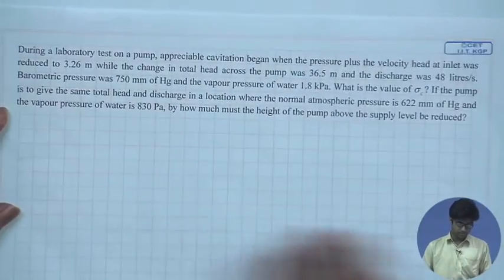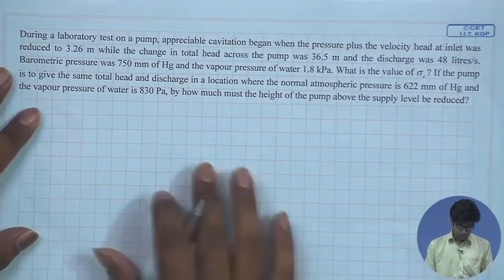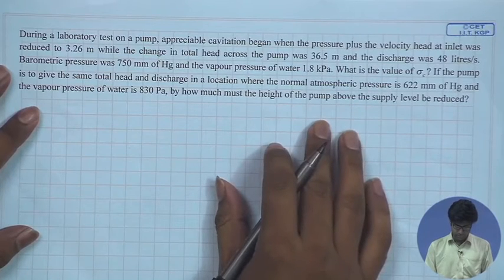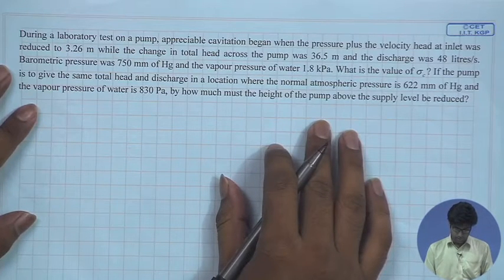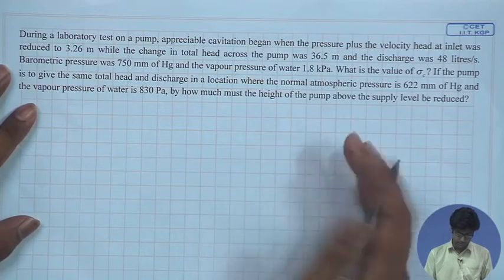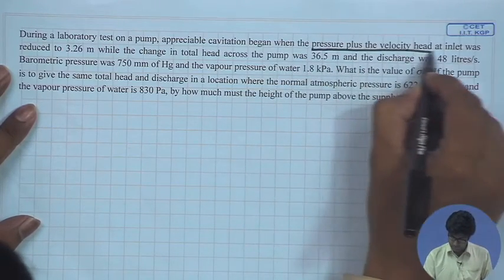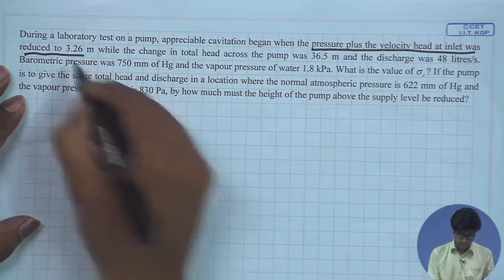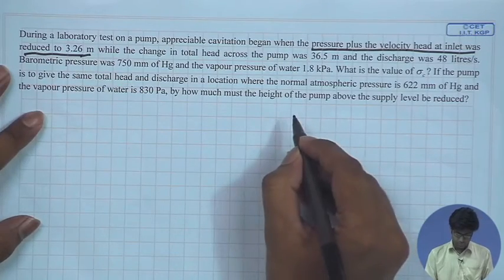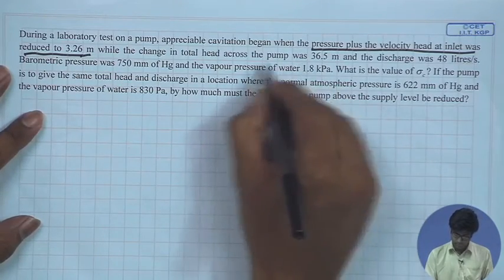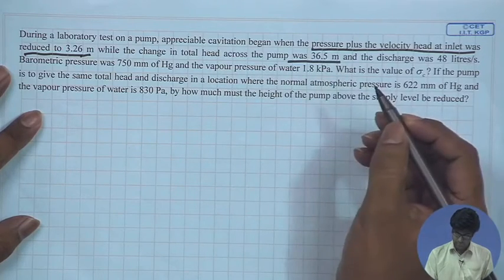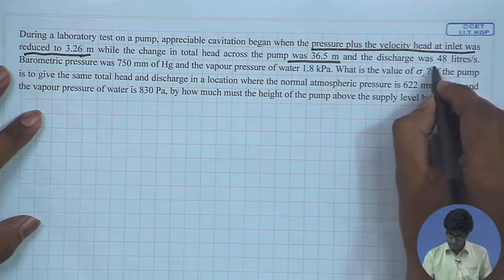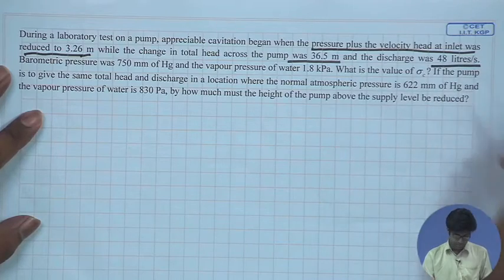Now, let us move on to the next problem regarding cavitation. Let me read out the problem. During a laboratory test on a pump, appreciable cavitation began when the pressure plus the velocity head at the inlet was reduced to 3.26 meters, while the total change in head across the pump was 36.5 meters and the discharge was 48 liters per second.